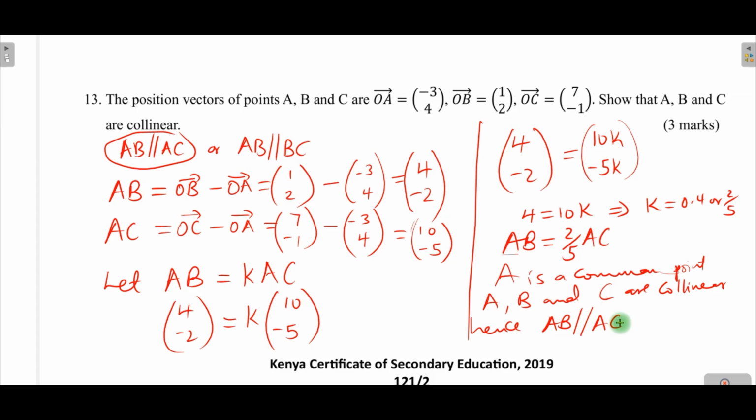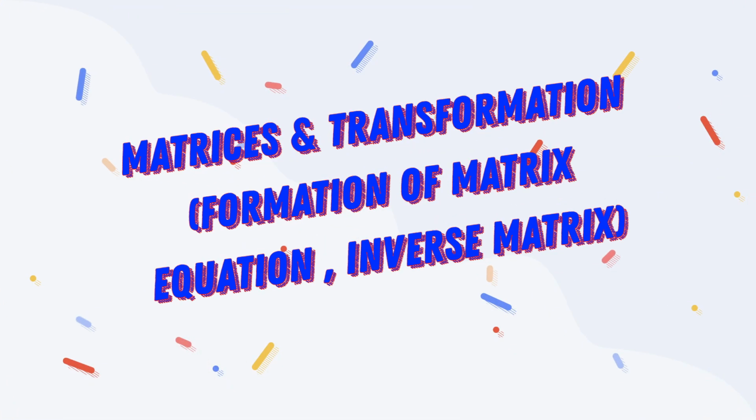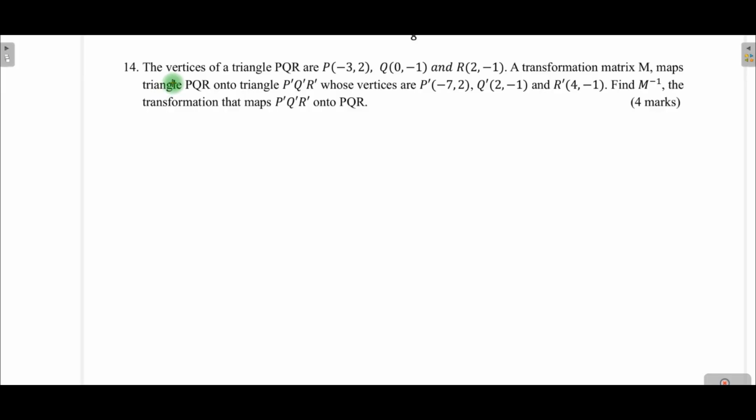We proceed on to question number 14. The vertices of a triangle PQR are P is (-3, 2), Q is (0, -1), and R is (2, -1).